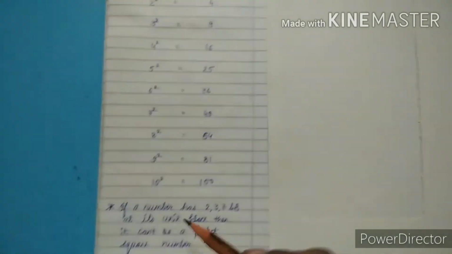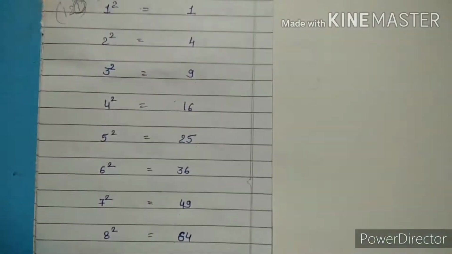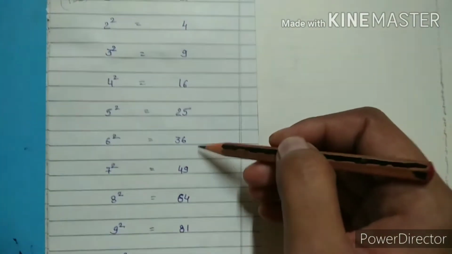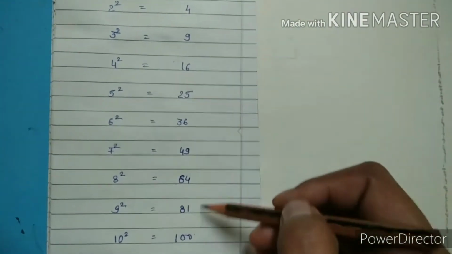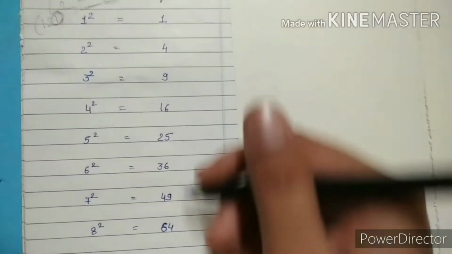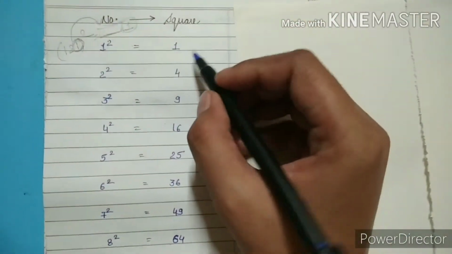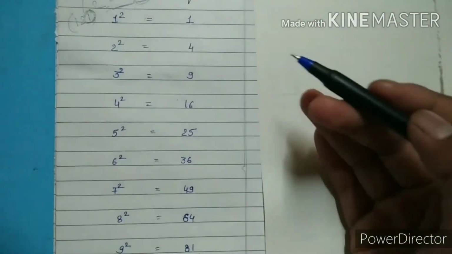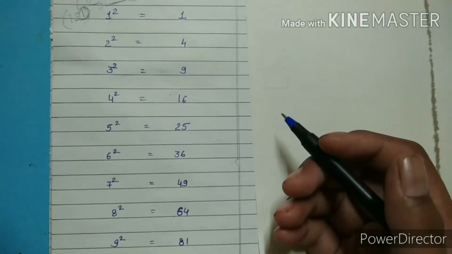We already saw that in numbers like 1, 4, 9, 16, 25, 36, 49, 64, 81 and 100, we don't have any term with unit place 2, 3, 7, or 8.